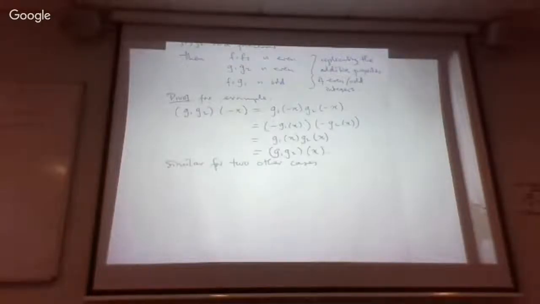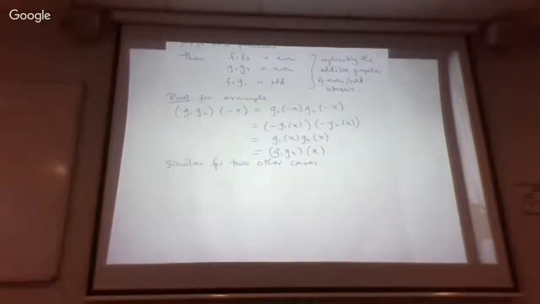The Fourier coefficients come about from integrals of the function with one of the basis functions, the cosine or the sine. Now, if we're dealing with an even function or an odd function, we've already said the cosine functions are all even and the sine functions are all odd.